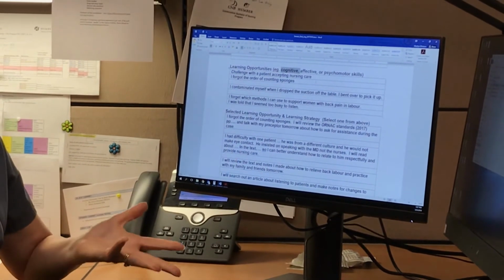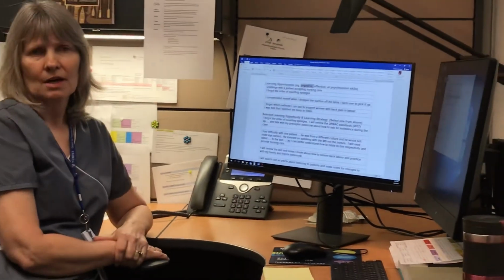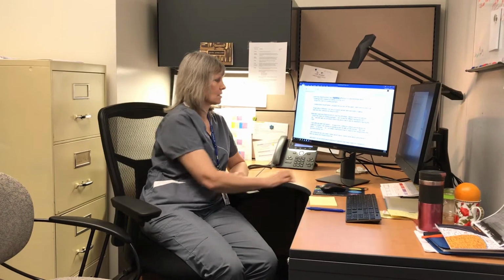So in nephrology, for instance, you may need to talk about, I forgot about the reasons for a certain drug being added to the solution. So that would be a cognitive learning opportunity, something you can learn about. Another one might be, I forgot the order in which to count the instruments. That's a cognitive, something you need to be able to think about.